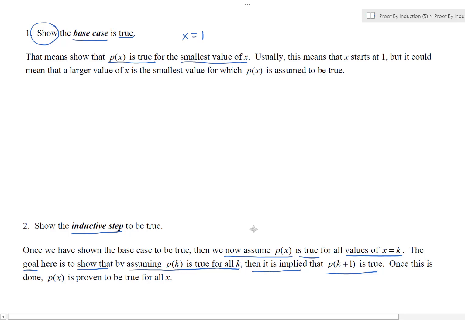If we were able to show this, then we would prove that P of X is true for all values of X using the principle of mathematical induction. So think about what this means. We show it's true with the first case, then we assume it's true for all such cases, and then assuming that it's always true, we can show, no matter what, that the next value of X is also true.